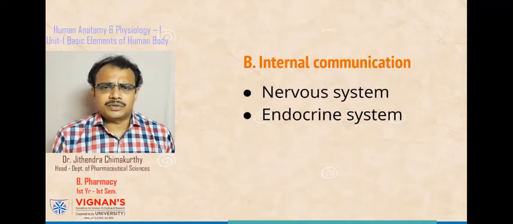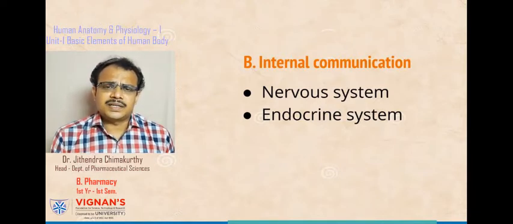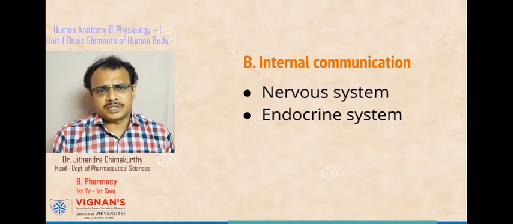Communication within the body, among the cells, among the tissues, among the organs and among the systems. For this, the body has the nervous system and endocrine system to facilitate such internal communication.